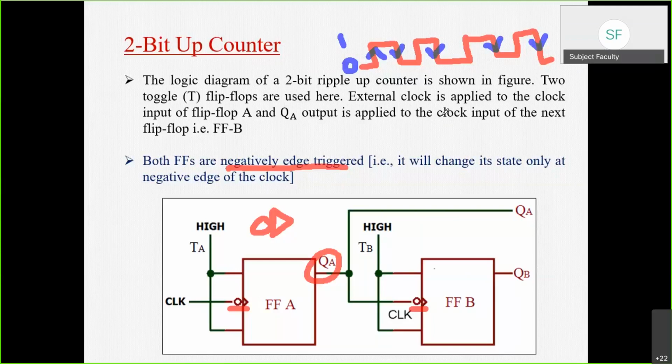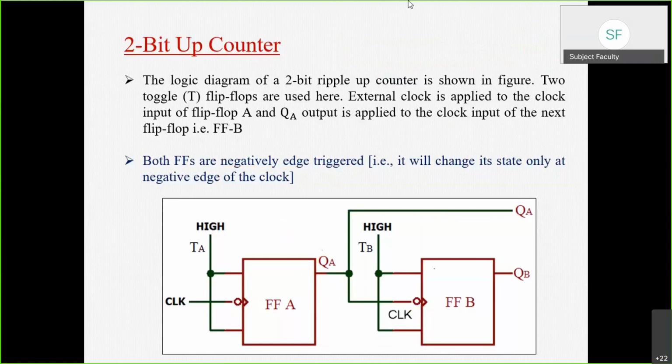Just remember it like this for now. It will be more clear once we start the discussion. This is again an important thing, that both flip-flops are negatively edge triggered. That is, each will change its state only when the negative edge of the clock is applied.